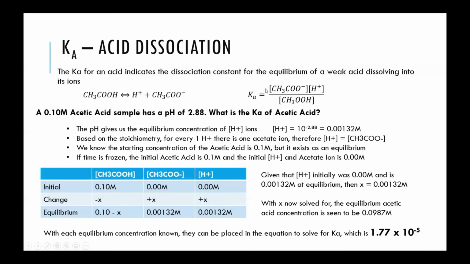When these three values are plugged in, the Ka, the acid dissociation constant for acetic acid, is determined to be 1.77 times 10 to the negative fifth. So that's how you'd go through and determine an acid dissociation constant. Just by measuring the pH of an acid, if you know the concentration of acid to start with and you measure the pH, you can figure out the acid dissociation constant of that weak acid.